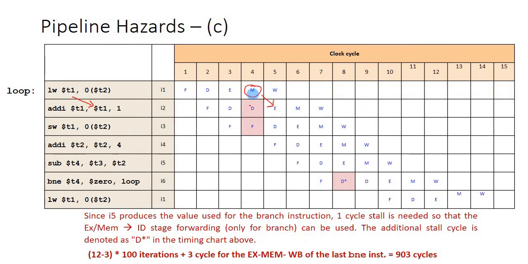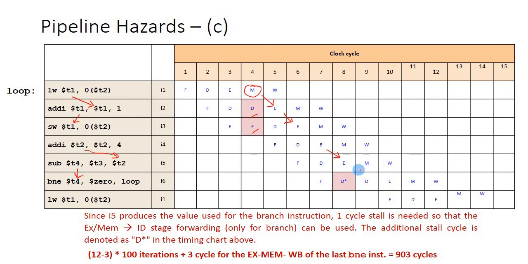And because of a stall in I2 in the decode stage, my I3 will also have to stall in the F stage. Subsequently the T1 here will be forwarded here, so there will be a forwarding over here. For I3 to I4 there is no dependency, so you don't need to worry. And here to here there is a forwarding. I4 to I5 there's a forwarding, and again here to here there's a forwarding.